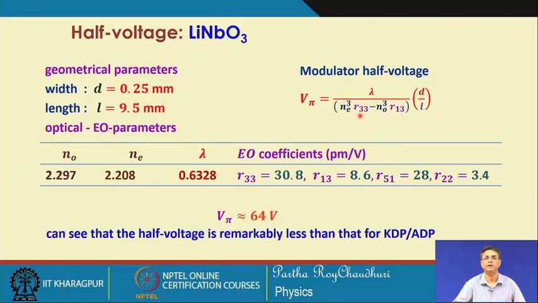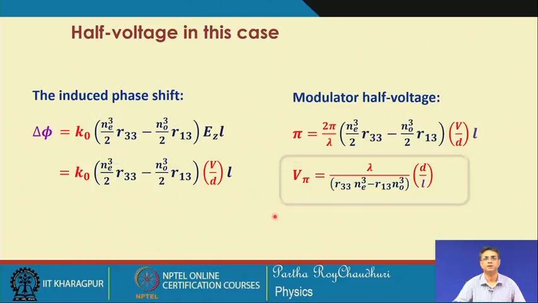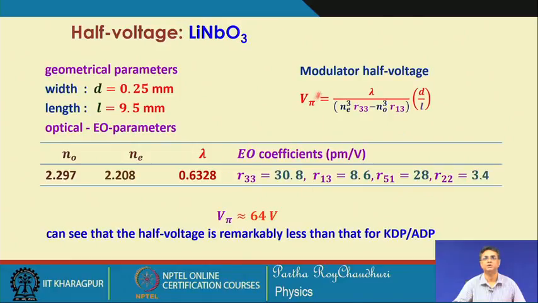So, if you plug in the values of R33 and R13, d and L, and use this equation, you get a half wave voltage of the order of 64 volt, which is remarkably less than that for KDP or ADP.